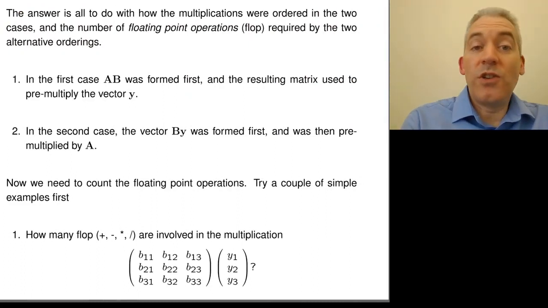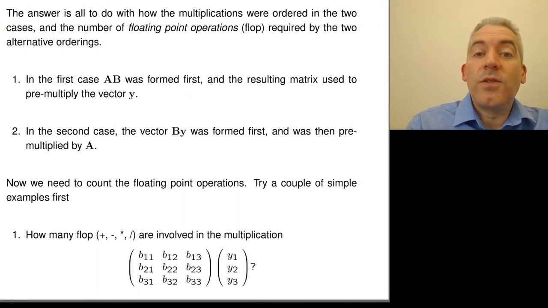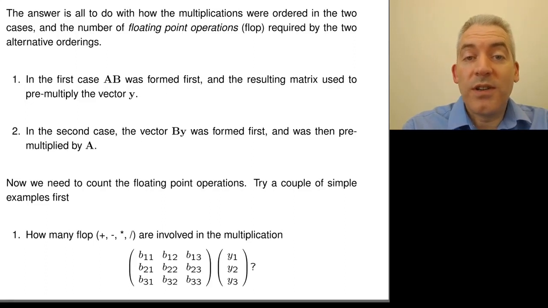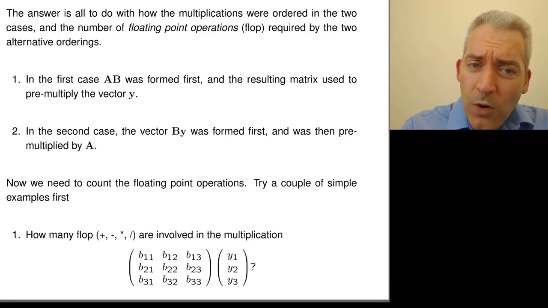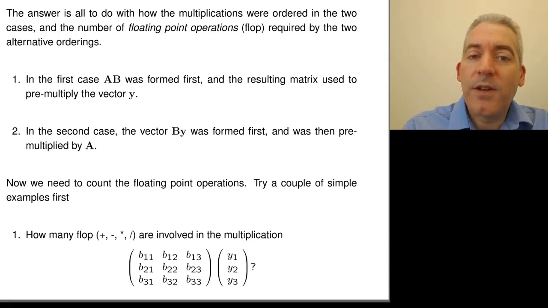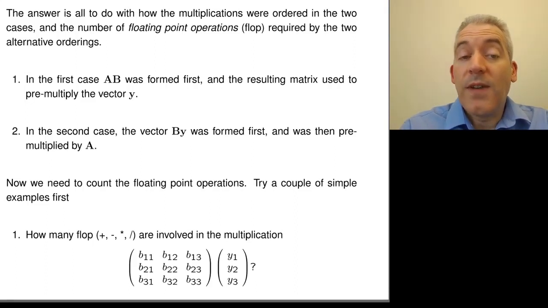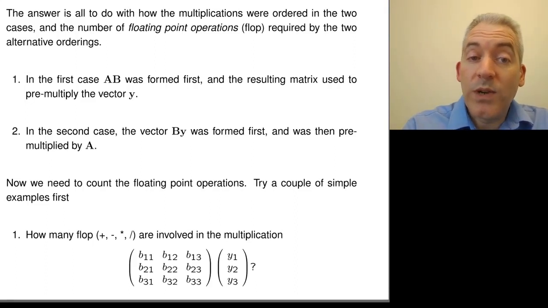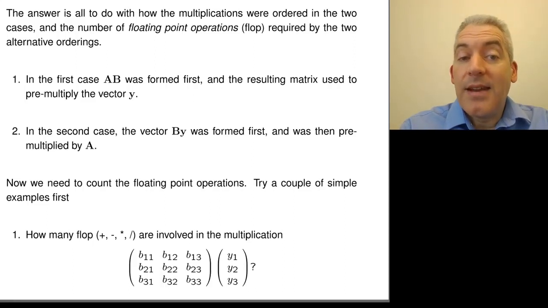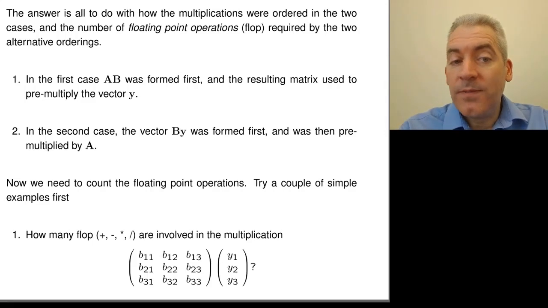It's clearly to do with how you've ordered those multiplication operations and how efficient those operations are. In the first case, we formed the matrix product AB first, and then used that matrix to multiply the vector Y. So we did a matrix-matrix operation and then a matrix-vector operation.